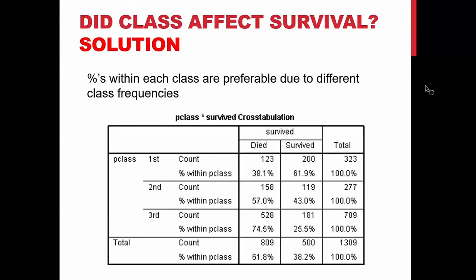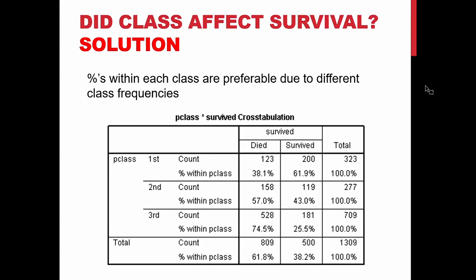There were 709 people in the third class, but only 323 and 277 in the first and second class, respectively. So we would expect a higher percentage of third class people in both the died and survived categories.